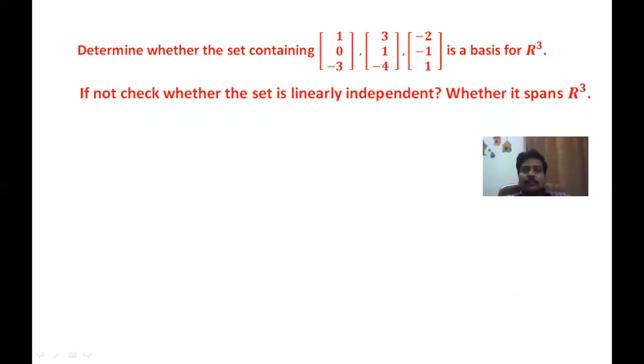Determine whether the set containing (1, 0, -3), (3, 1, -4), (-2, -1, 1) is a basis for R3. If not, check whether the set is linearly independent and whether it spans R3.